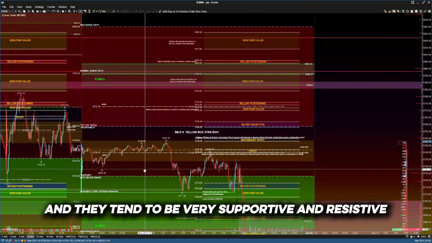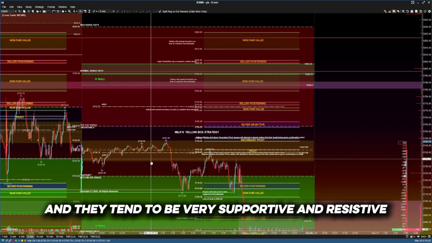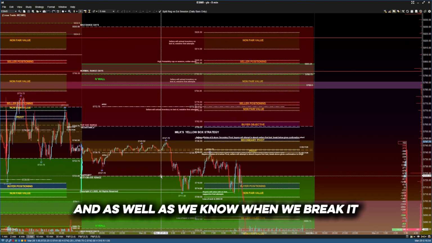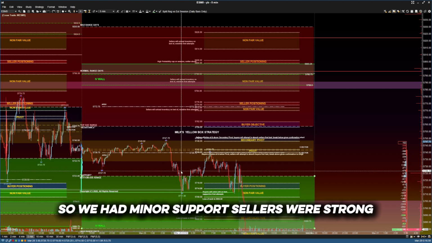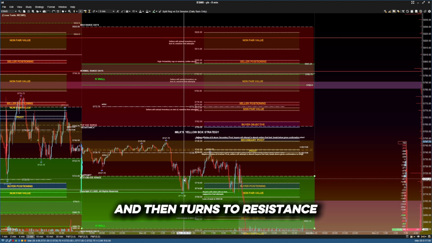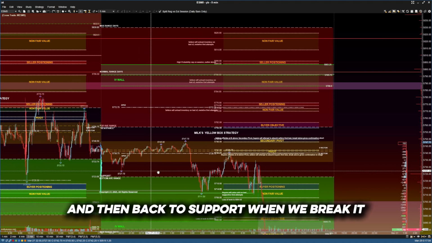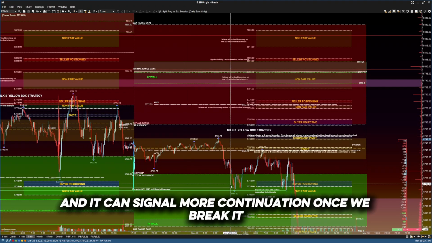And they tend to be very supportive and resistive. As well, we know when we break it, support turns to resistance, right? So we had minor support, sellers were strong, and then it turns to resistance, and then back to support when we break it. And it can signal more continuation once we break it.